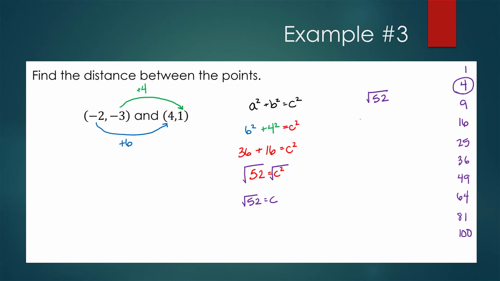So we can write the square root of 52 as the square root of 4 times 13. Split that into two separate radicals, square root of 4, square root of 13. And the square root of 4 is 2, and the 13 stays in the radical. So this would equal c, or in other words, our distance between the 2 points is 2 square root 13 units.